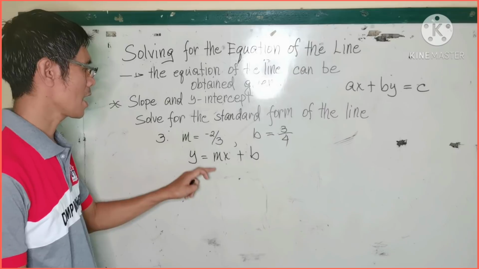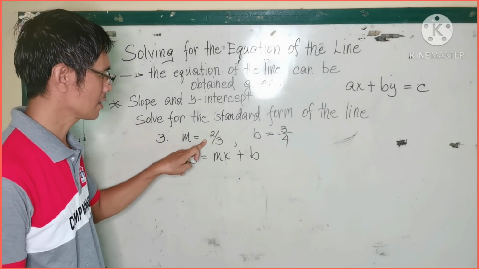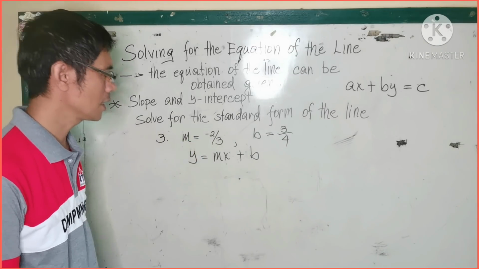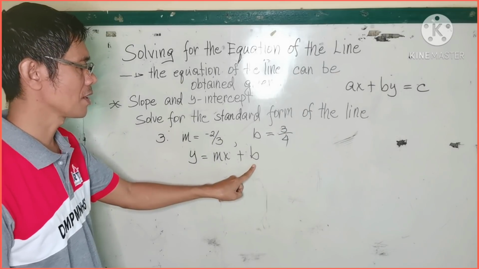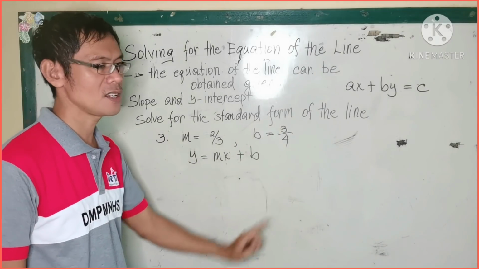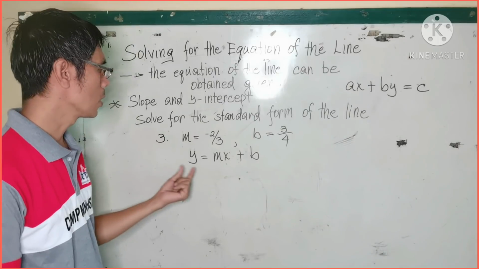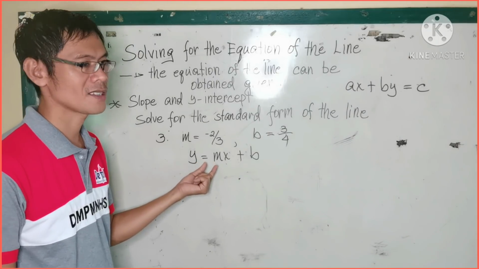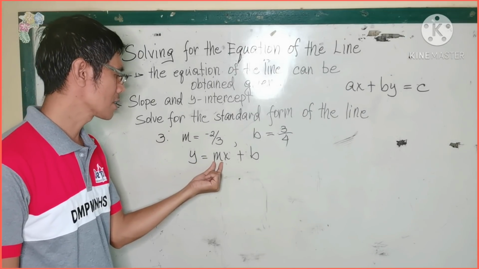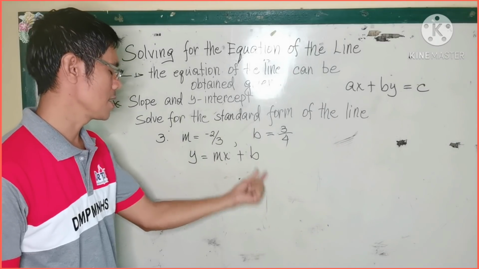So since m is already there, that is negative 2 over 3, and we have also the value for b, which is 3/4. So all we need to do is simply substitute the values of m and b.